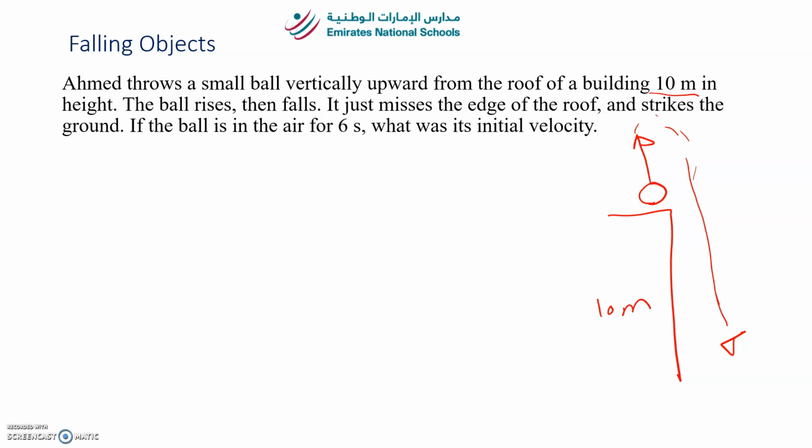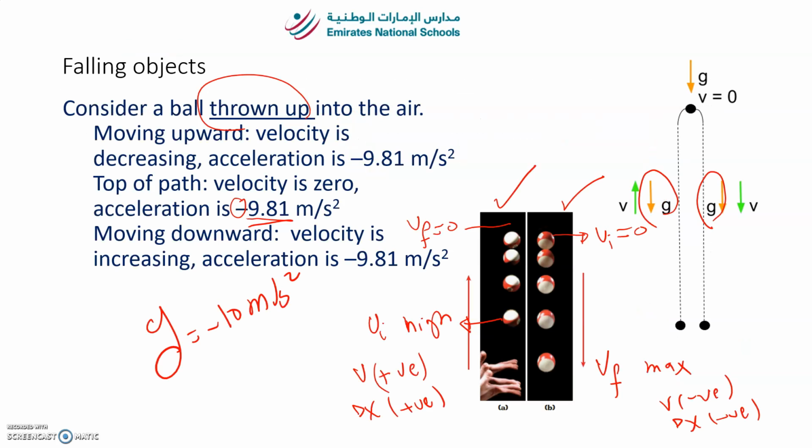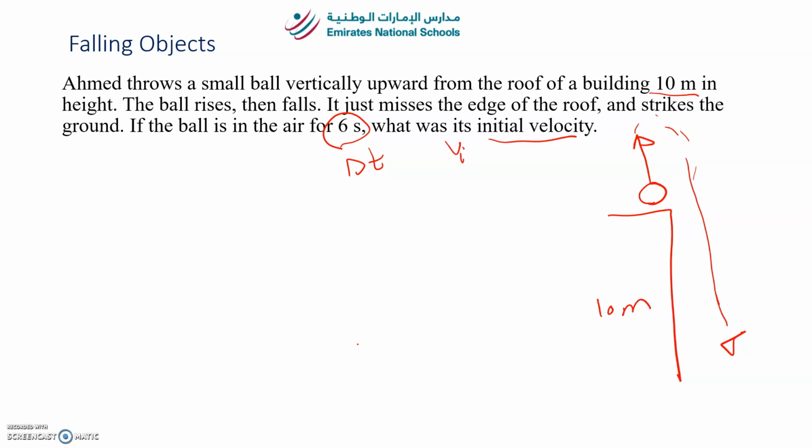If the ball is in the air for 6 seconds, so this is the time, what was the initial speed, V initial? We said if I throw the ball up, I will have V initial at its maximum, high. So V initial, I don't know, it has a value.